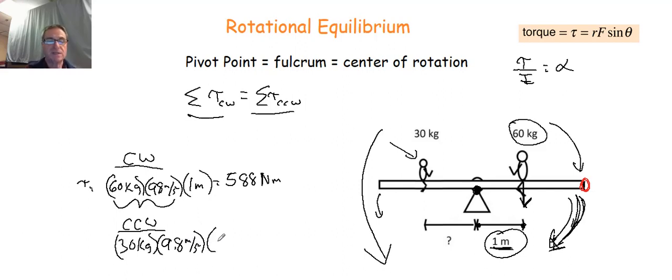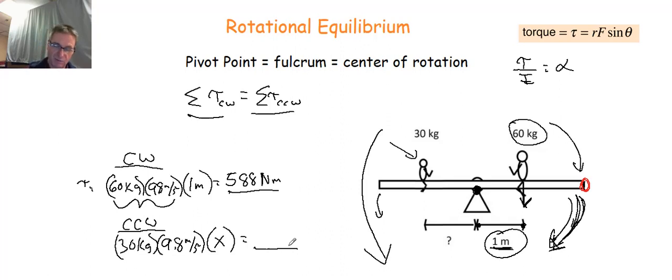Now, we don't know the distance, so we're just going to give that a value of x. But we do know this: the clockwise and the counterclockwise torques are going to have to be equal in order for us to have rotational equilibrium. Let's set the clockwise side equal to the counterclockwise side.